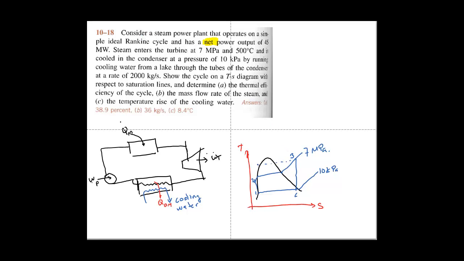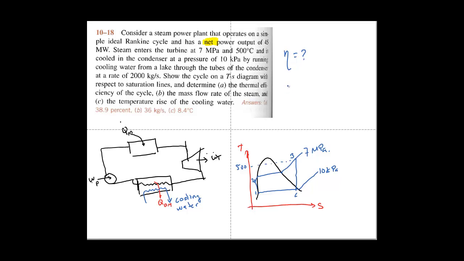Now that we have our drawing, we just complete it with the 500 degrees temperature that we are indicated for the entrance of the turbine. It makes it superheated vapor. And finally, we are going to just clearly state what we were looking for, what we are asked to find.